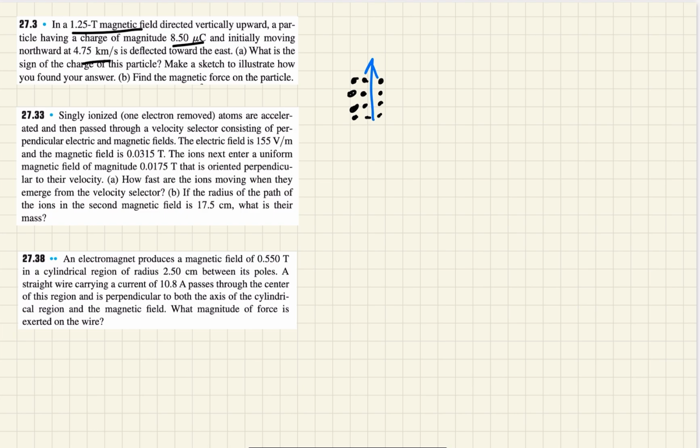It says that the magnetic force then is towards the right, towards the east. So let's see, does that work? You point your fingers in the direction of velocity, which is northward, upward. You curl your fingers out of the page, and your thumb points to the right, which makes sense. Let me draw it for you.